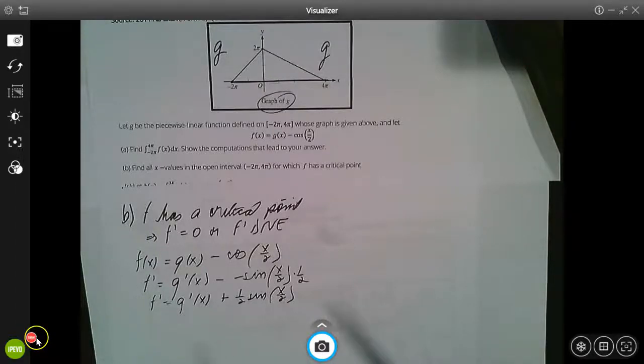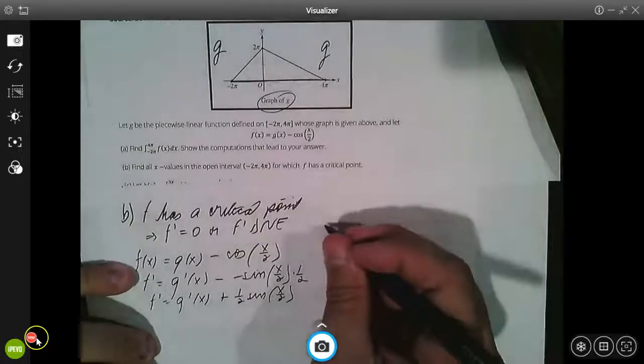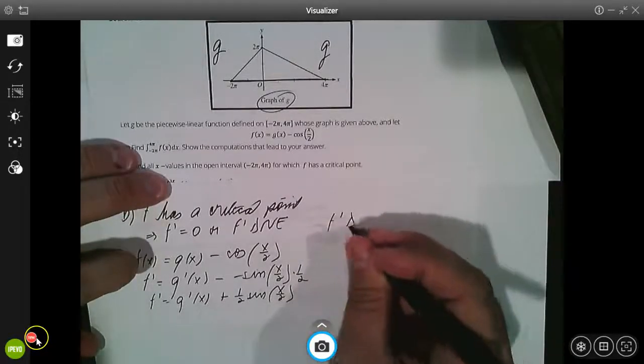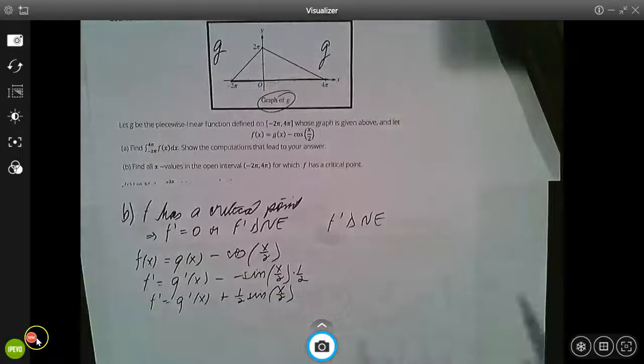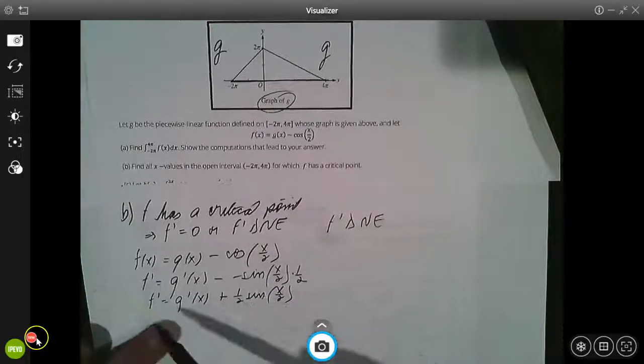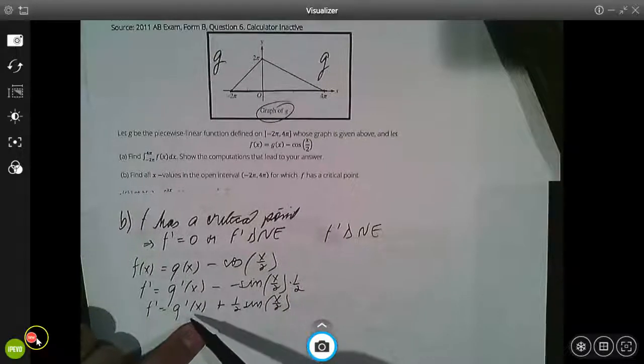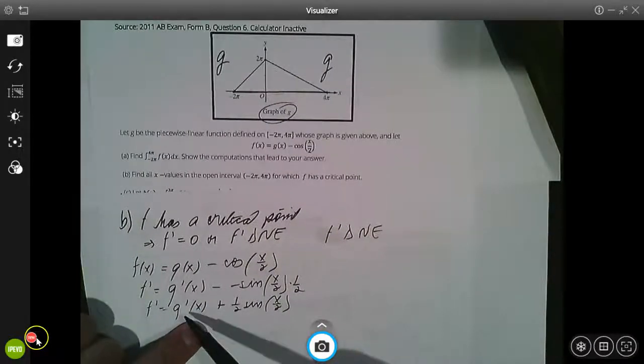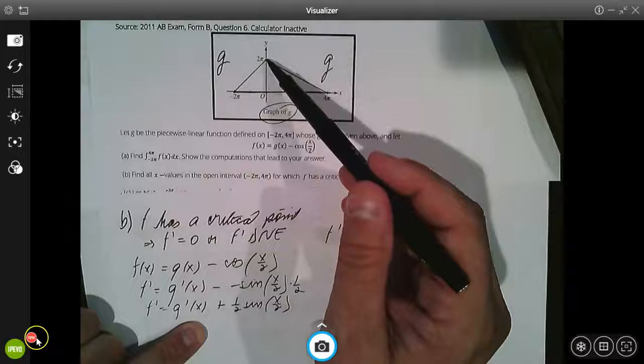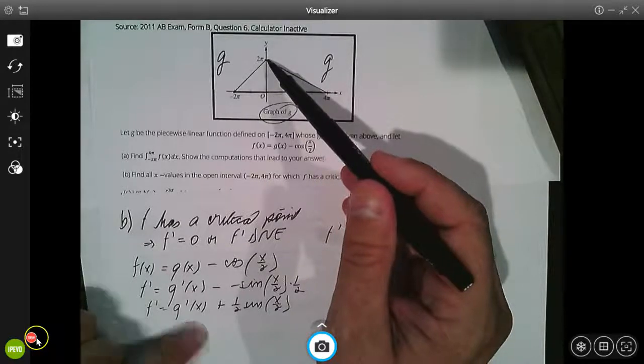And we need to figure out where f prime is undefined. So f prime does not exist. Is there any reason why f prime wouldn't exist? Well, let's look at g. What do we know about g? I see a cusp point over here at x equals 0.